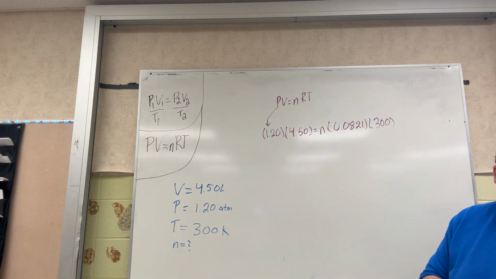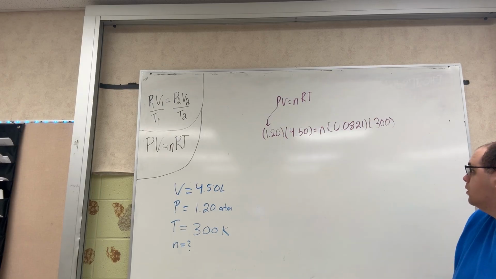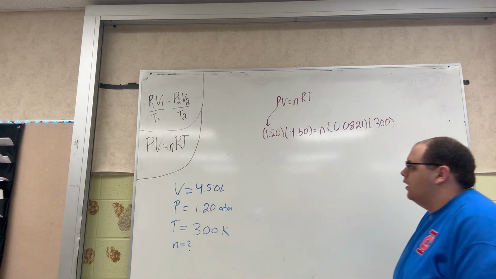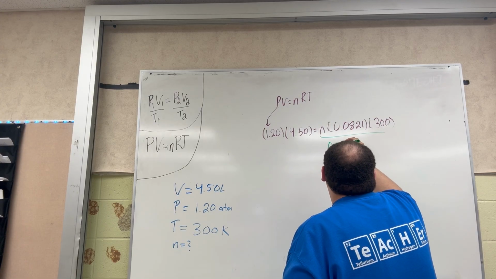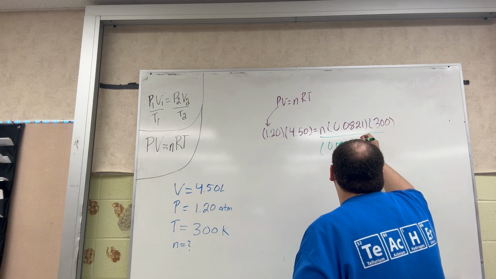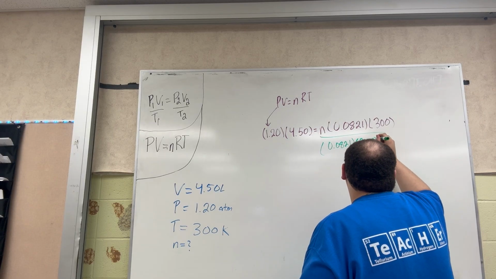It's a matter of doing my algebra now. I need to get n by itself, so I'll divide both sides by the quantity 0.0821 times 300.